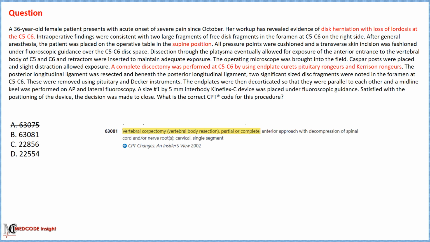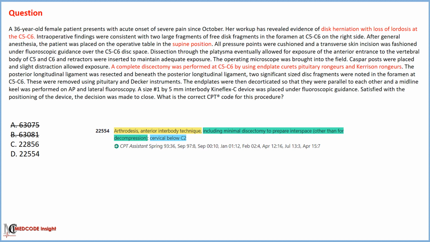We will also eliminate option B with code 63081 used for vertebral corpectomy, partial or complete, anterior approach with decompression of spinal cord and nerve root, cervical single segment. As there is no documentation of the vertebrae being fused together, we will also eliminate option D with code 22554 used for anterior arthrodesis with interbody technique.